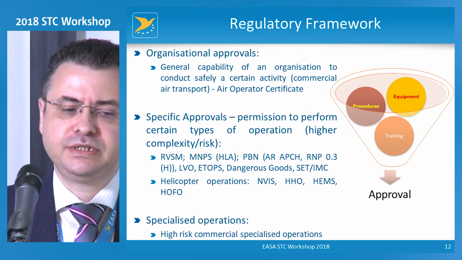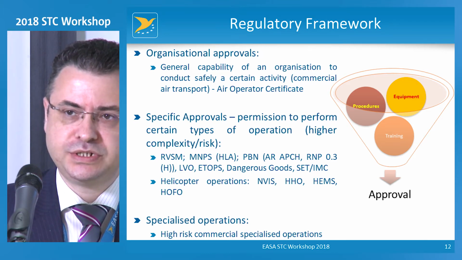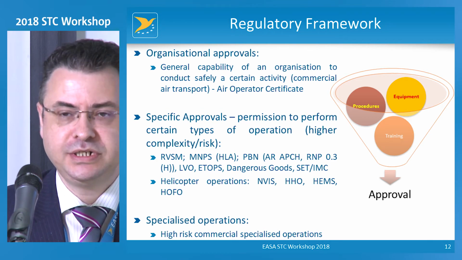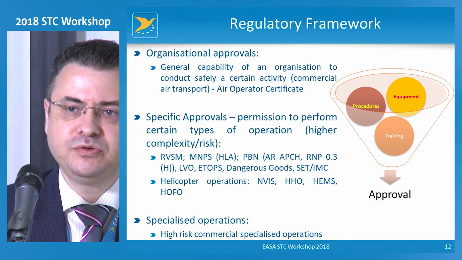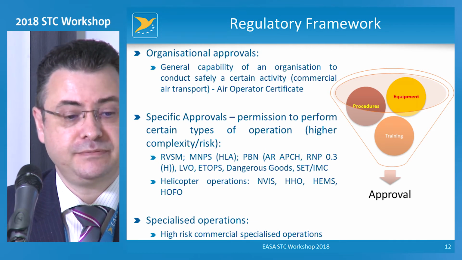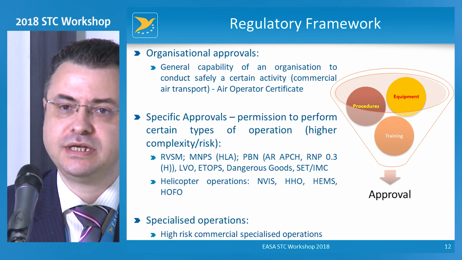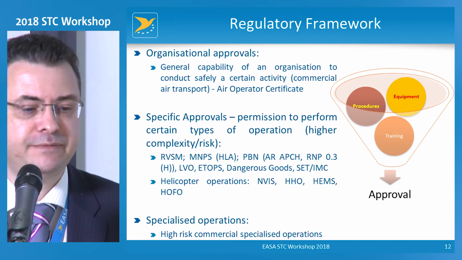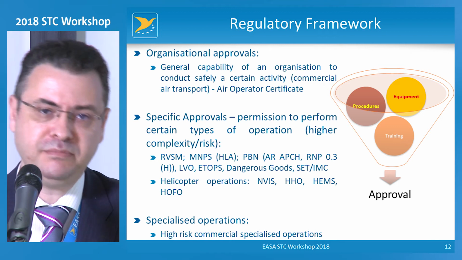We also have the so-called specific approvals, which are a certain permission to conduct certain types of operation. And those specific approvals are designed based on the higher complexity and therefore risk associated with those operations. And here we have in Europe today, RVSM.